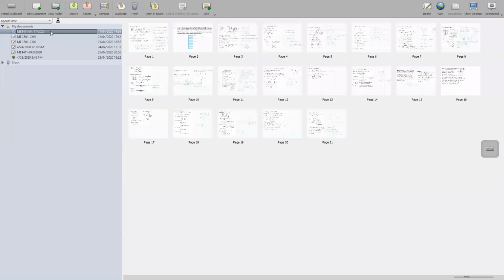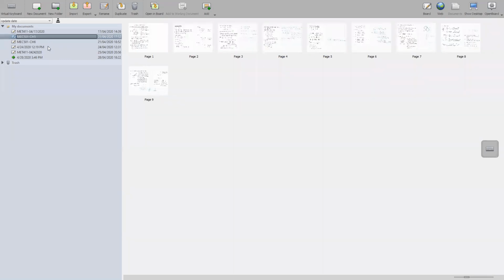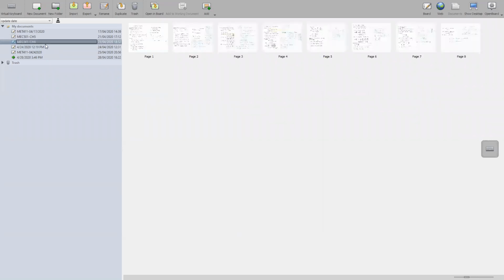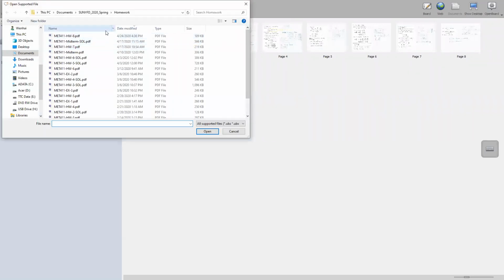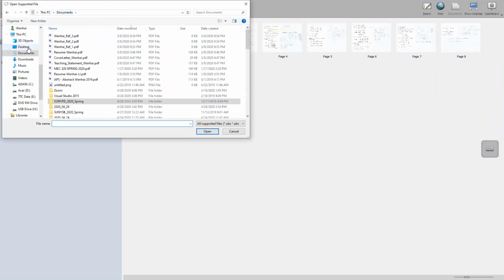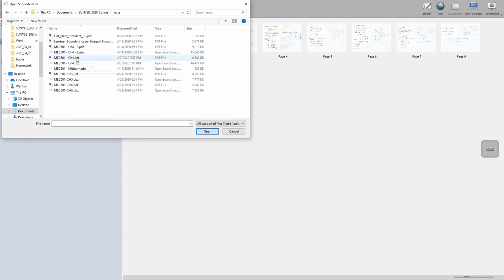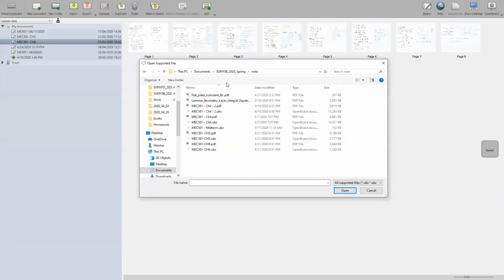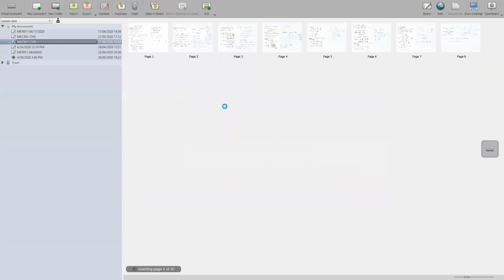So it should be this one. No, this one. Let me open it. I just want to bring up our previous notes. So chapter 4.2, I think is this one.